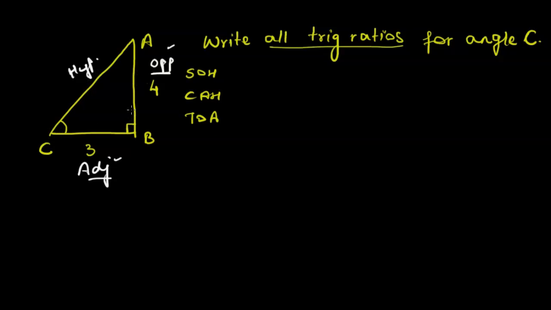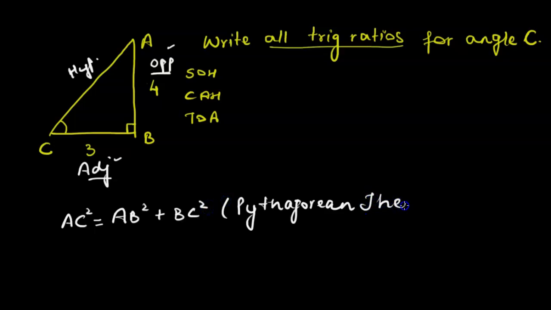Since we know this is a right angle triangle, we can use Pythagorean theorem to find out the side length AC. As we know, AC square is going to be equal to AB square plus BC square. This comes from Pythagorean theorem, that is hypotenuse square is equal to opposite square plus adjacent square. We are looking to find out hypotenuse. We are given opposite side and we are given adjacent side.